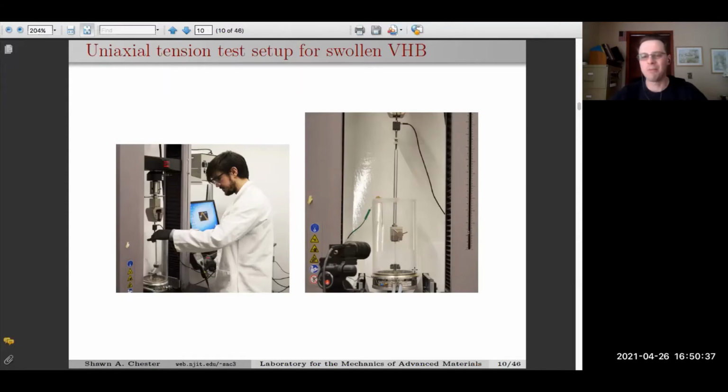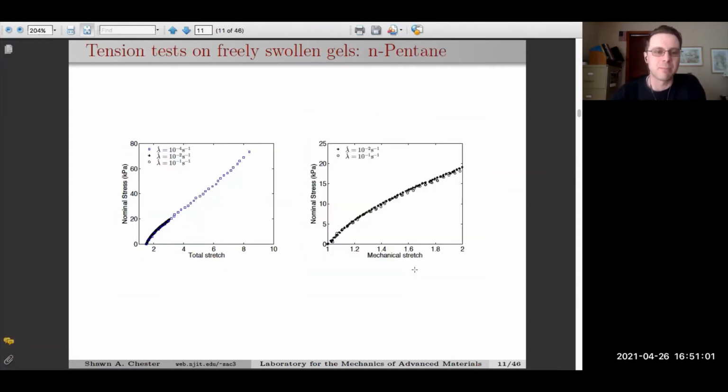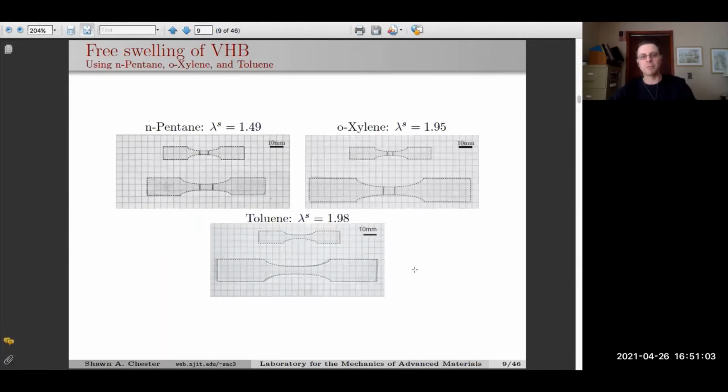So we did not want to have a gallon jug of toluene sitting in the lab. So we would swell the samples in solvent and then immerse them in another fluid to stop the evaporation. So the experiments are happening inside of a fluid bath. It's just that the fluid in the bath is simply stopping the evaporation of the solvent from within the polymer itself.